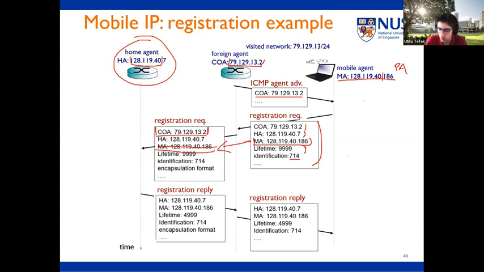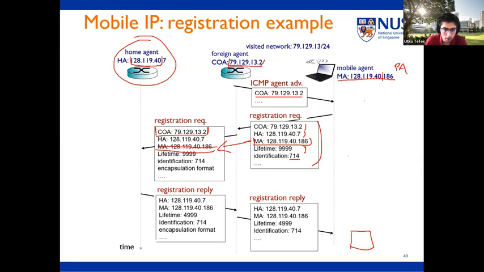In that case, the correspondent would know the permanent address and there would be no need for the home agent anymore. Well, we still need the home agent, right? Because if we have a correspondent that wants to connect to this mobile, it only knows the permanent address of the mobile.